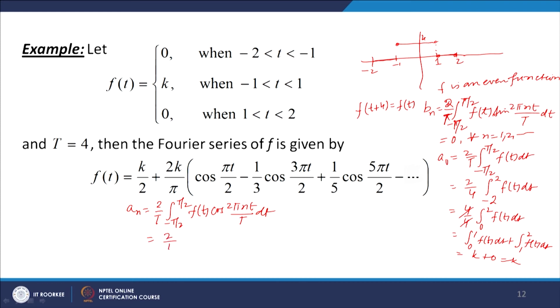So, 2 by 4 and the integral is over minus 2 to 2 of f(t) cos(2 pi n t divided by T) dt.